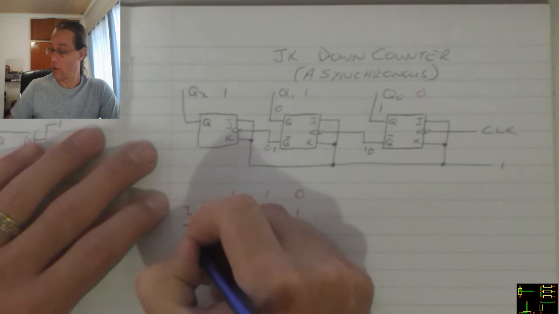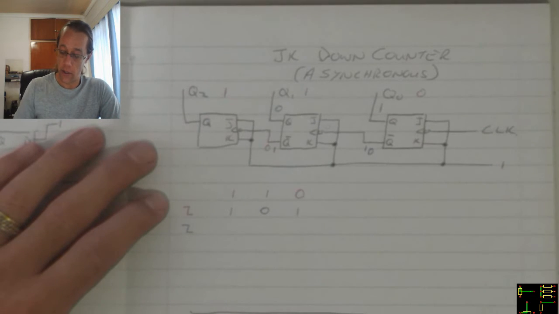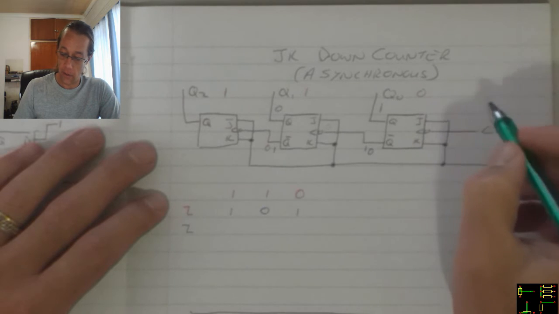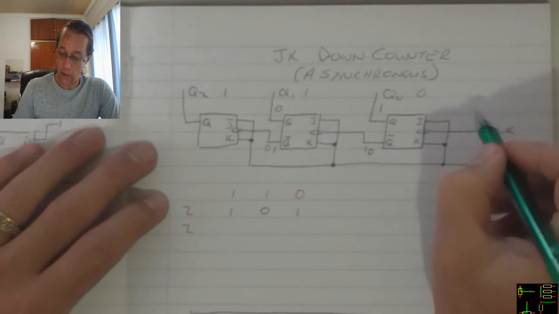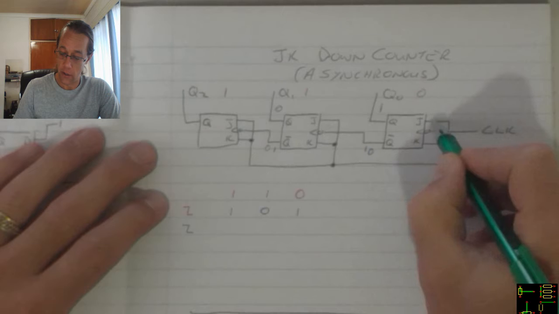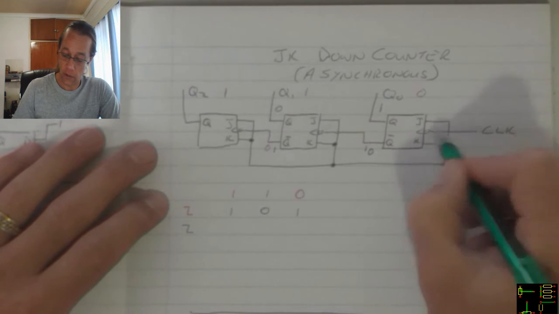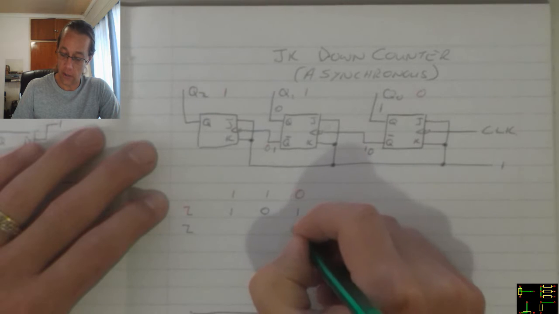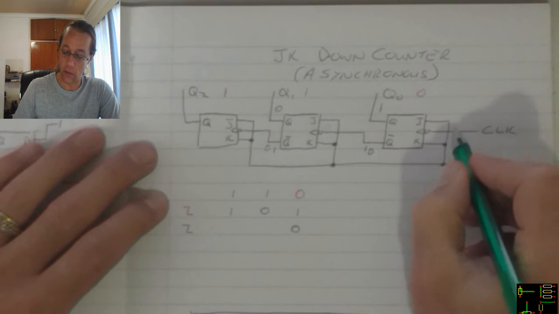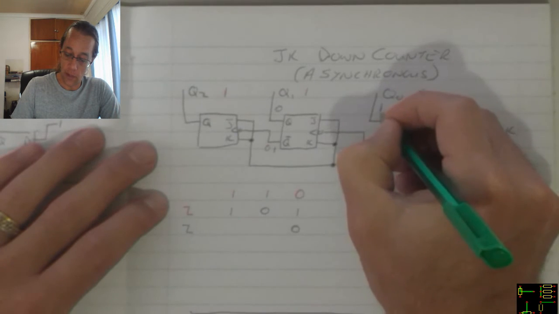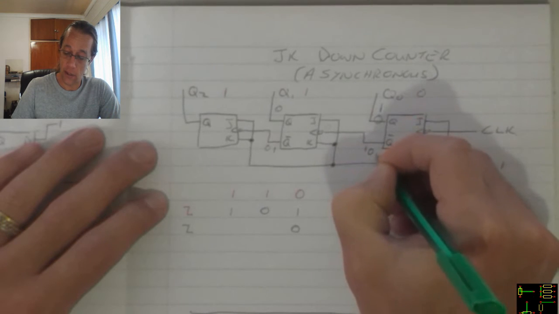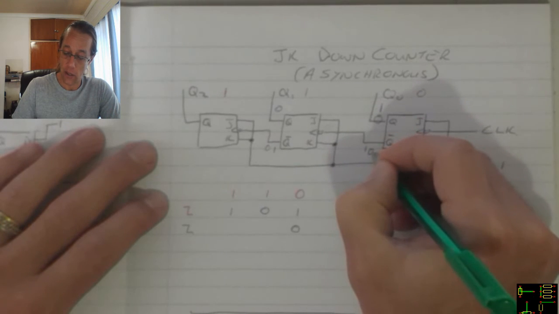With the next trigger pulse, we are going to change. We're going to see that because of the 1, the falling edge on this pulse is going to turn that one back to a 0 because it's in toggle mode. So that 1 becomes a 0, that 0 becomes a 1, that's a rising edge.